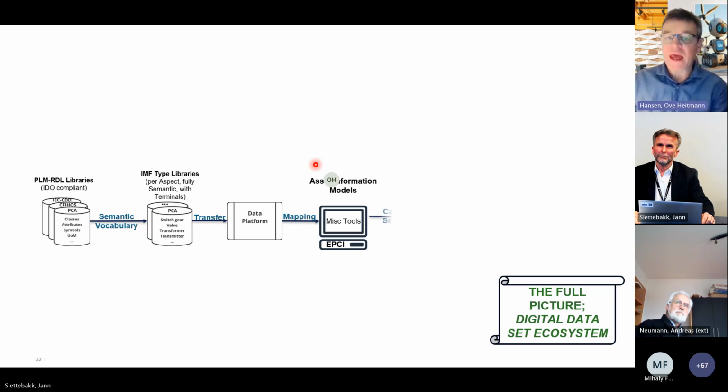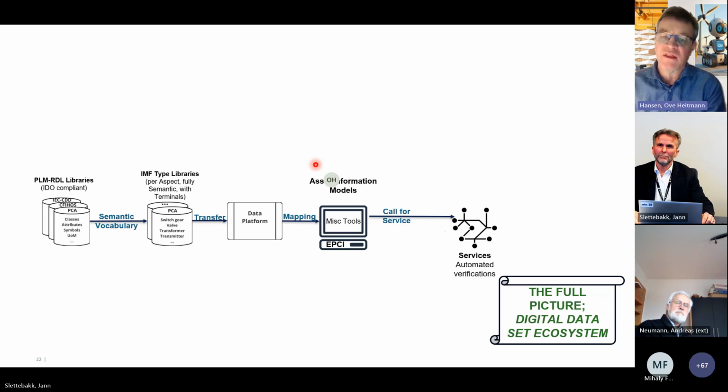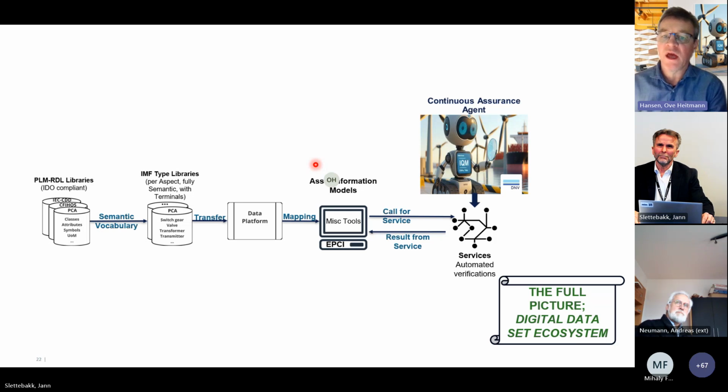Of course, when they do that, they also need to verify that they are in compliance and that those data sets are machine understandable and readable. So we have demonstrated that we can do automatic reasoning and put in continuous assurance agents, as illustrated here. We developed a continuous assurance agent inside DNV to independently verify that you are according to the rules and requirements around the IMF framework.